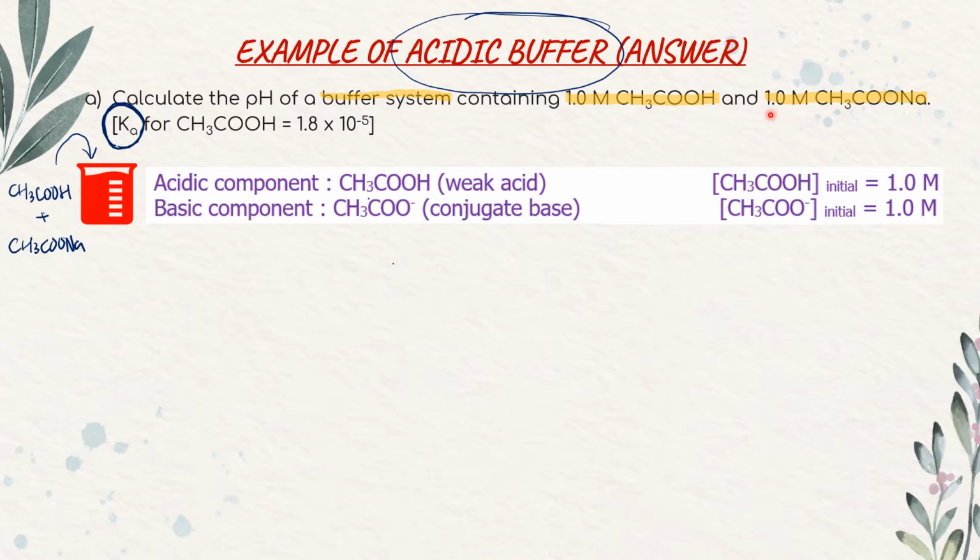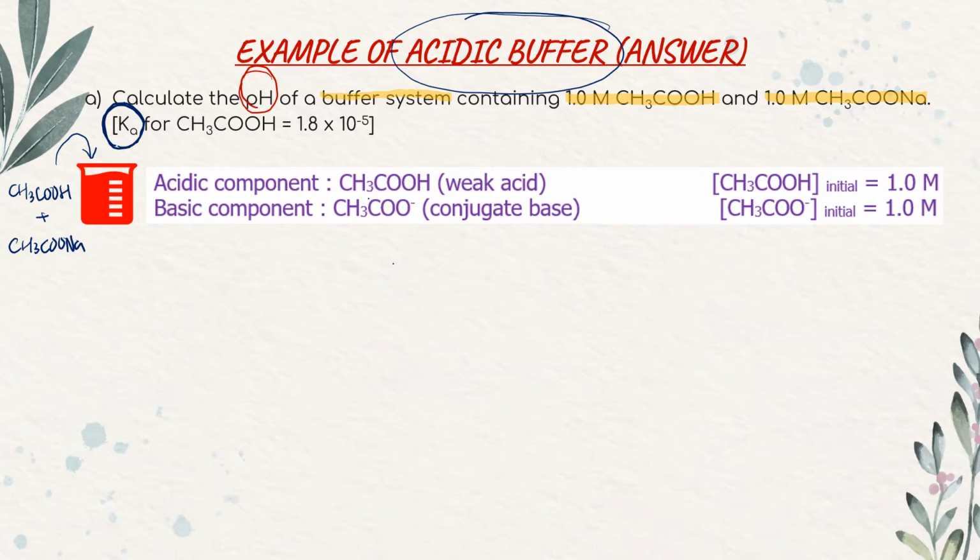So 1 molar sodium ethanoate salt solution. So dekat sini pun akan ada 1 molar CH3COO-. Okay, so again, apa yang kita nak cari dalam soalan ni? So in this question, we want to find the pH of the buffer system. So kita dah tentukan tadi, our buffer system is an acidic buffer.